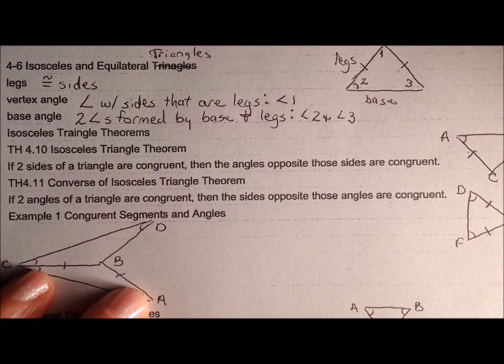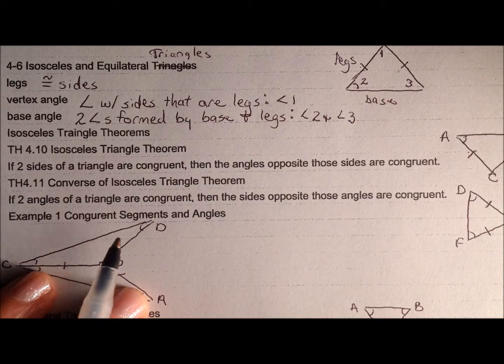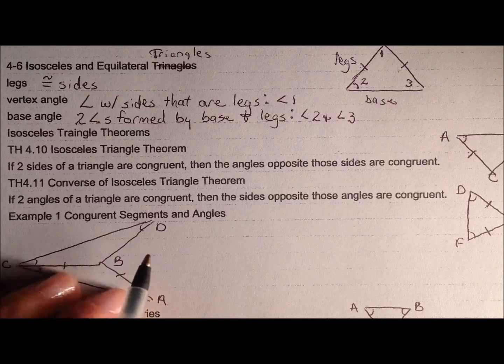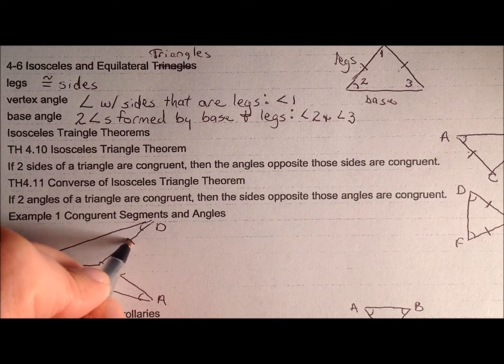are unmarked and congruent. So we have angles C and D, which are congruent. And since they are congruent, we know that side BC is congruent to side BD.